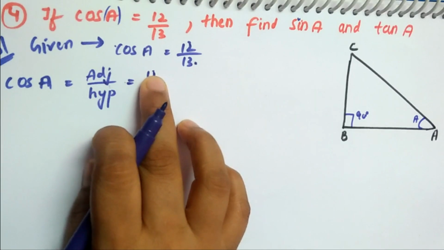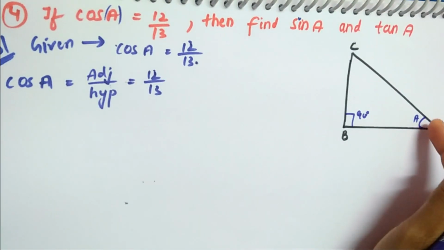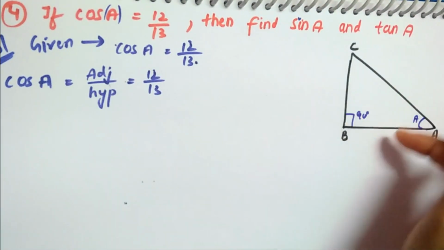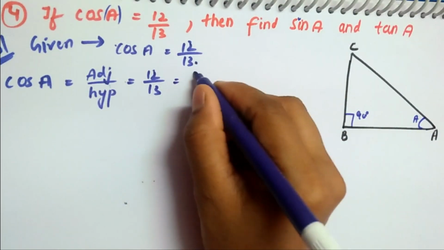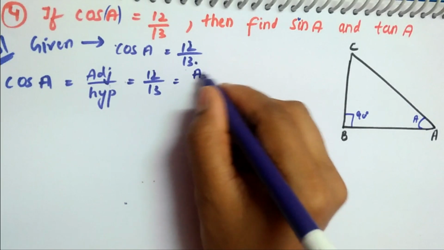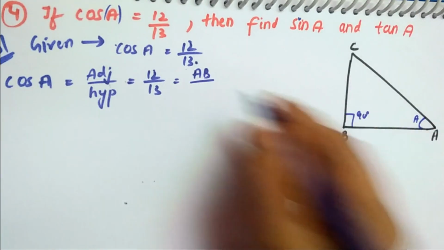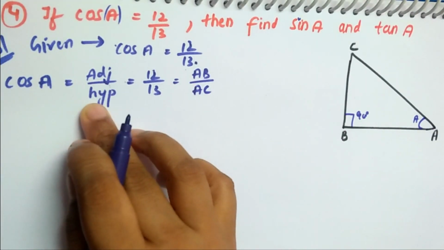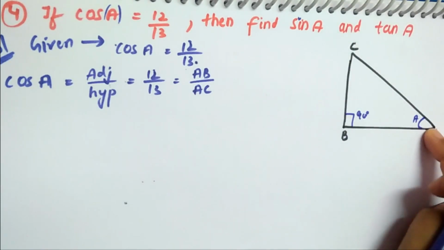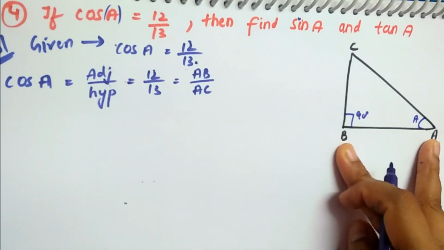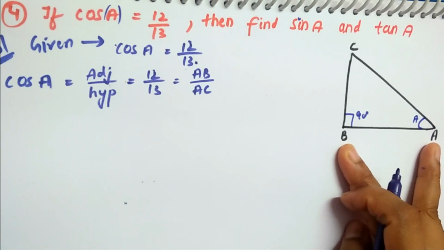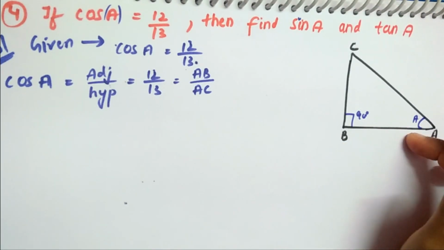What is adjacent? 12. What is the angle A's adjacent side? It is BA. It is nothing but AB by AC. Hypotenuse is AC, the longest side, and AB is the adjacent of angle A, right?